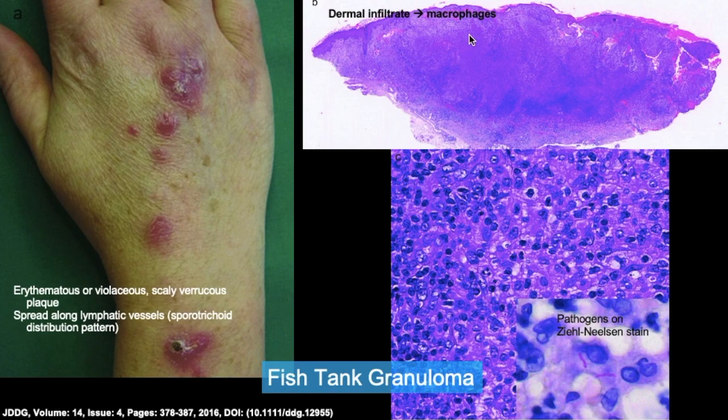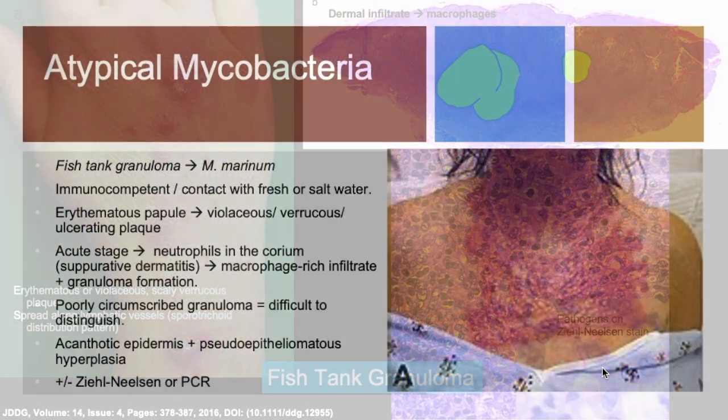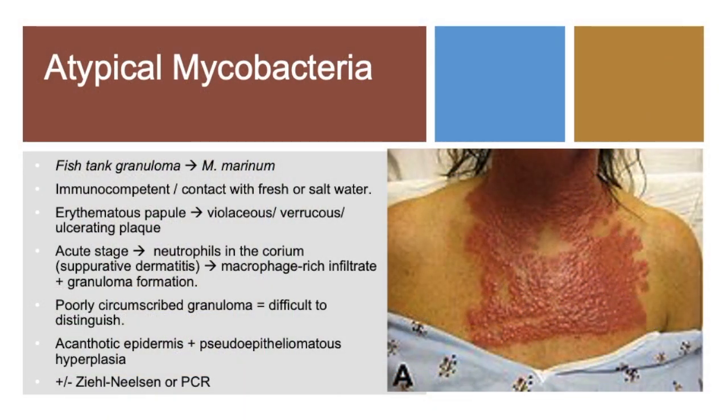If you look on histology, they form granulomas, and on high power, if you're lucky, you find organisms with Ziehl-Neelsen staining. So it is an atypical mycobacteria caused by Mycobacterium marinum, and the name reminds us of the marine, and that's why the clinical history is suggestive.